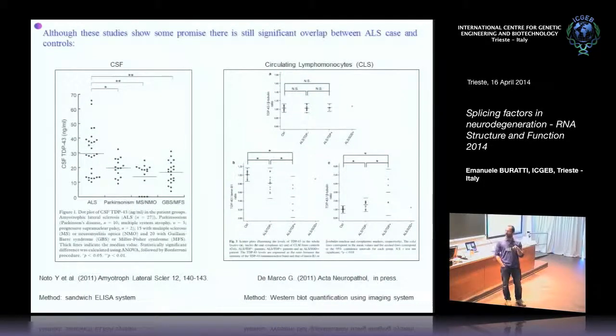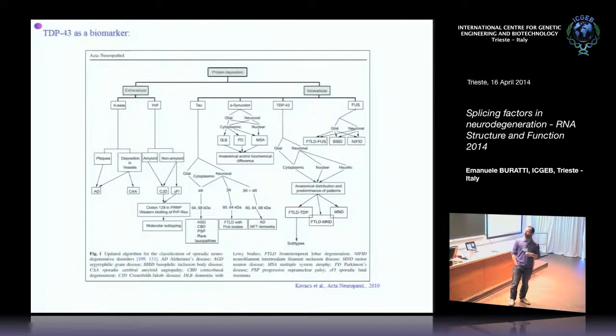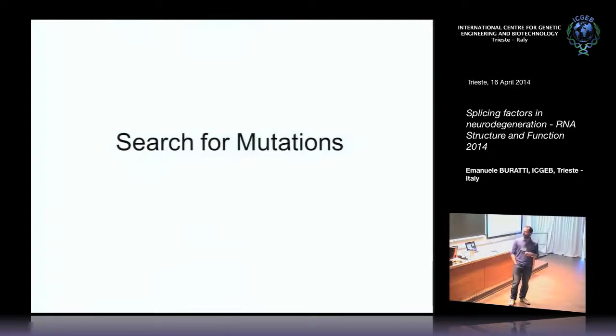Of course, these results are not good enough to establish this methodology as a very accurate and reliable biomarker, but there is a lot of improvement also in this direction.